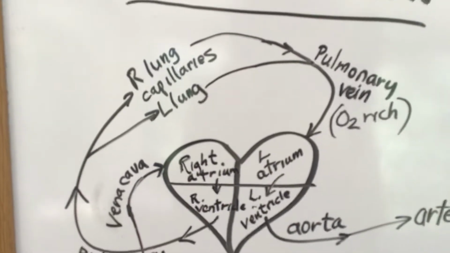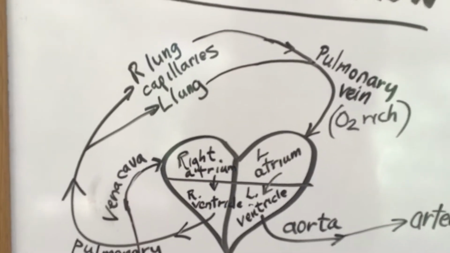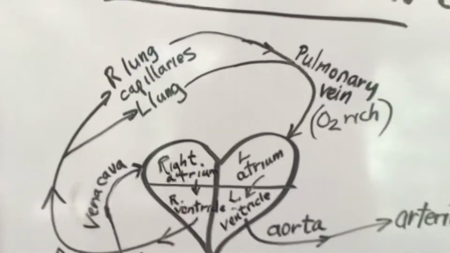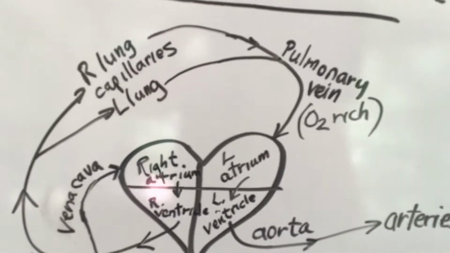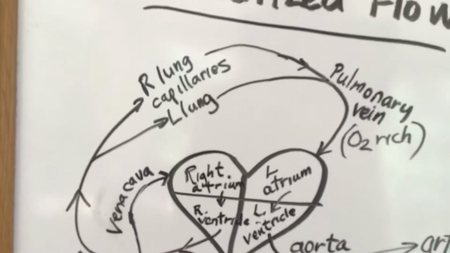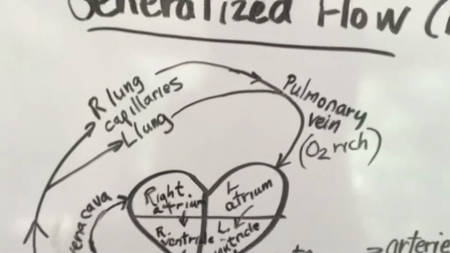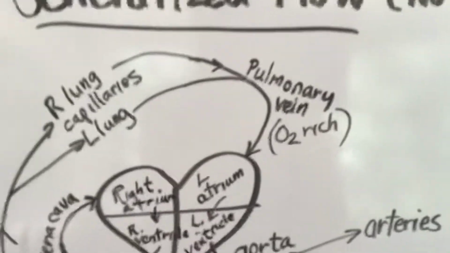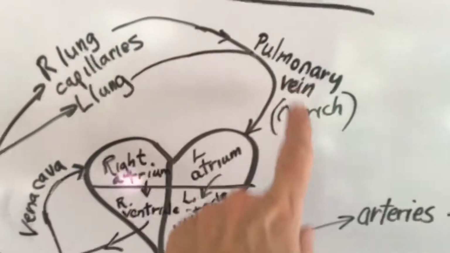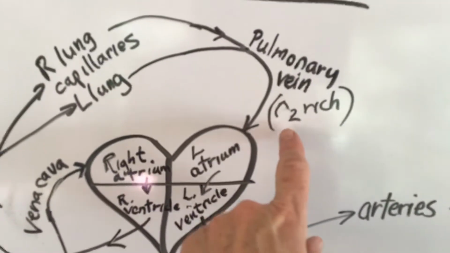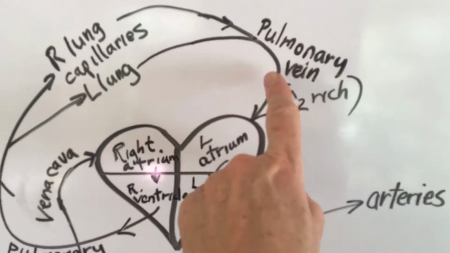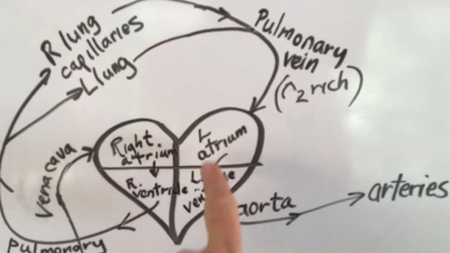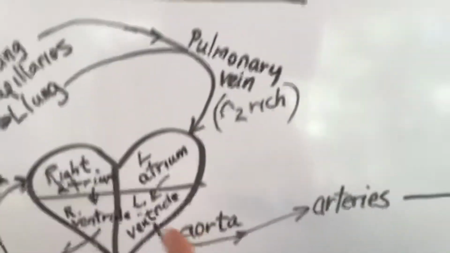They will go down into smaller vessels called capillaries, eventually the capillaries surrounding the alveoli, and those will be doing the gas exchange like we were just talking about a minute ago. And then it returns to the heart via the pulmonary vein. I just erased oxygen rich, is what that should say. And so the blood is coming into the left atrium, going to the left ventricle, out the aorta.